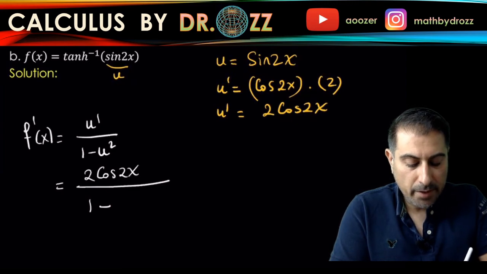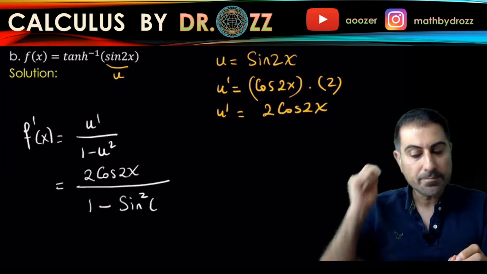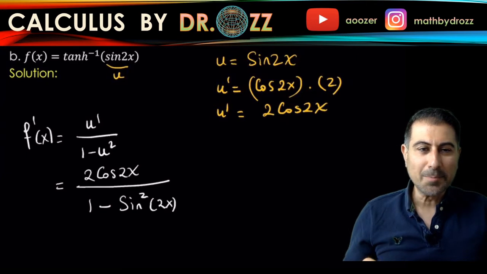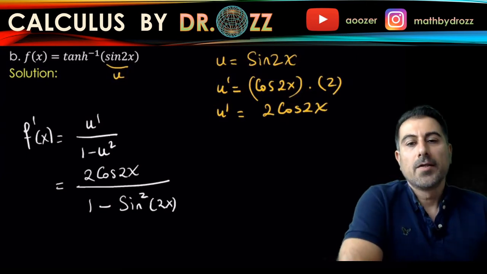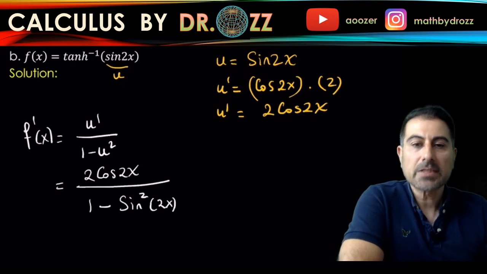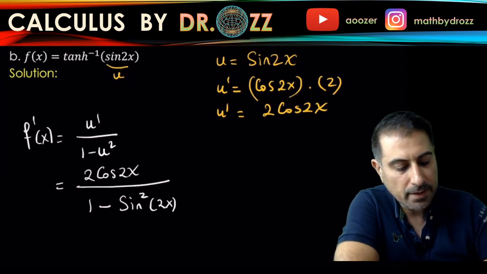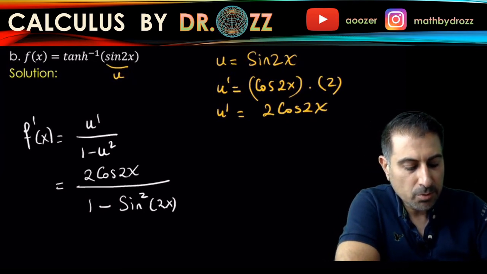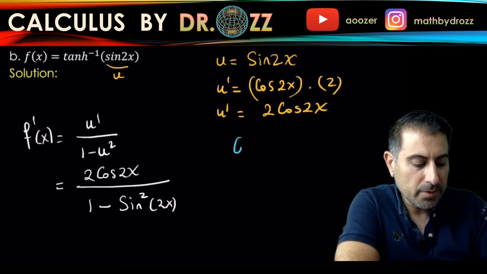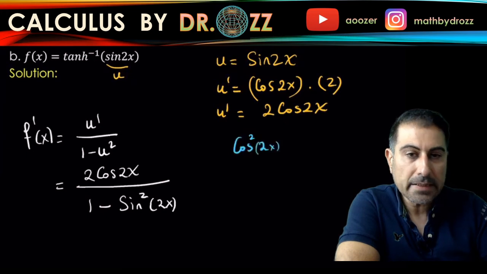We can simplify the bottom further by using the Pythagorean identity that cosine squared 2x plus sine squared 2x is equal to 1. Let me just write that down here: cosine squared 2x plus sine squared 2x equals 1.